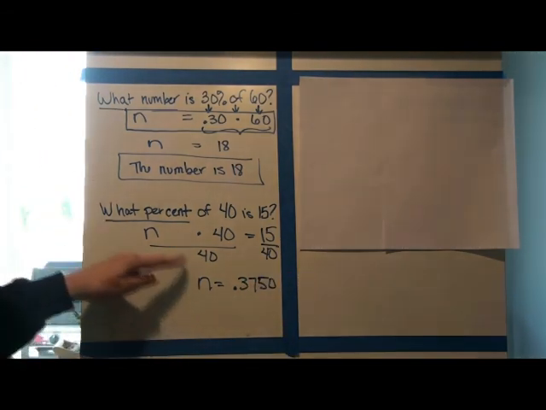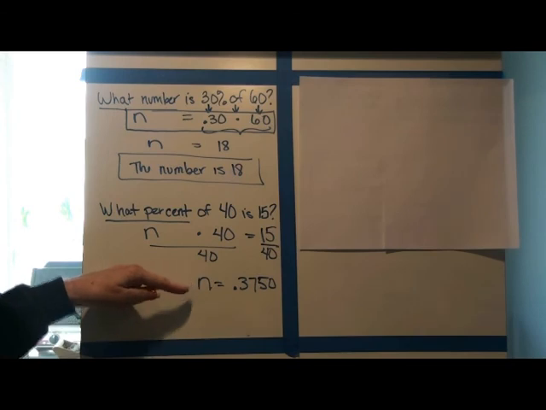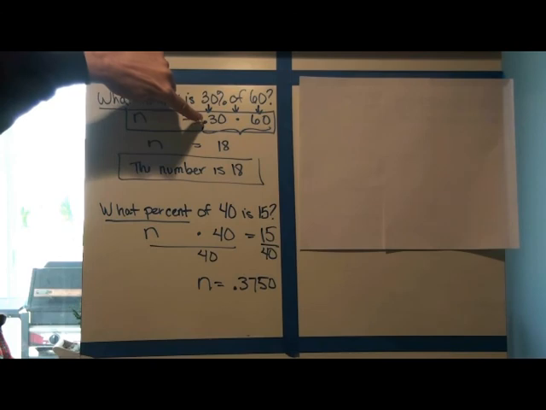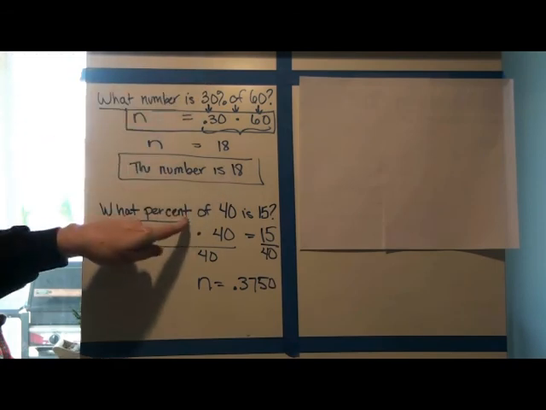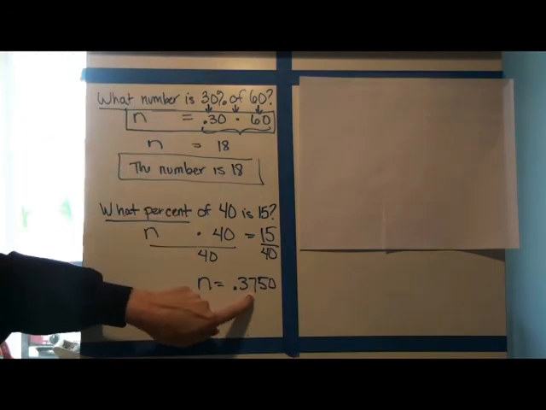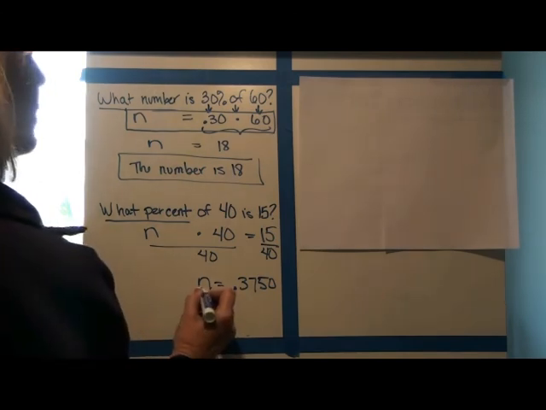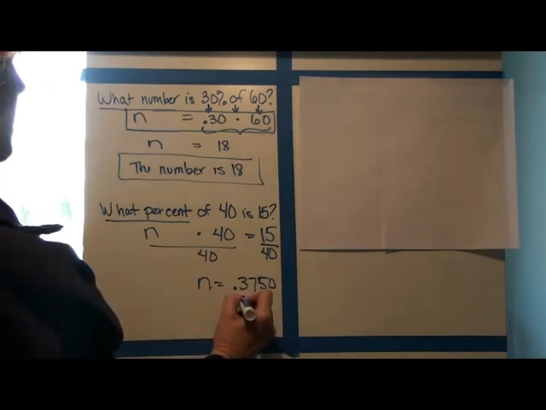Now, when we were working this problem, referring back up to here, this was a decimal. We changed our percent into a decimal. So when we're going in the other direction, we need to change our decimal into a percent. So we found the decimal number.